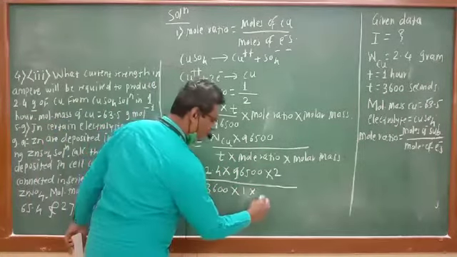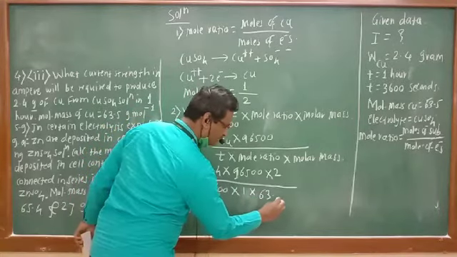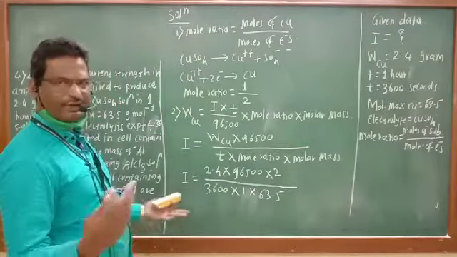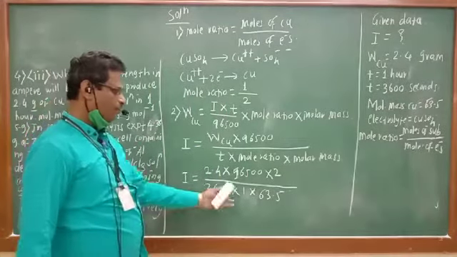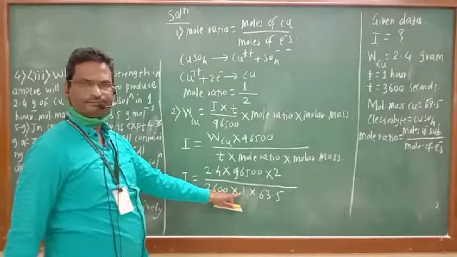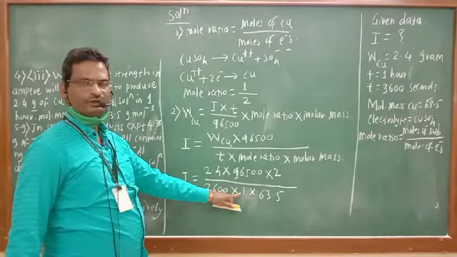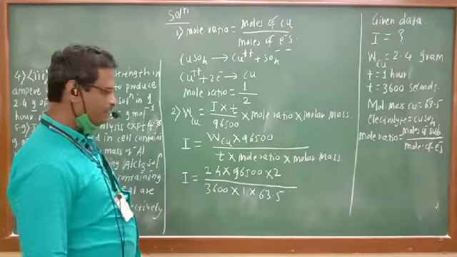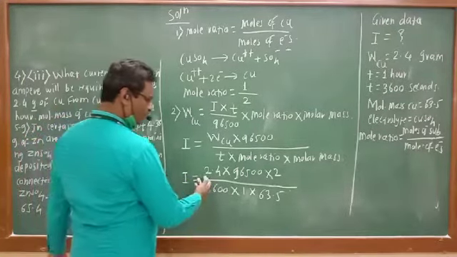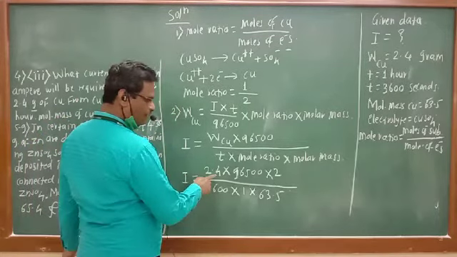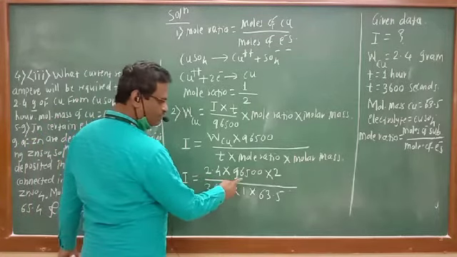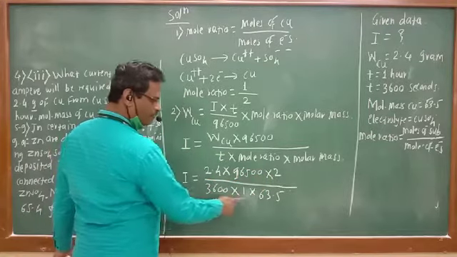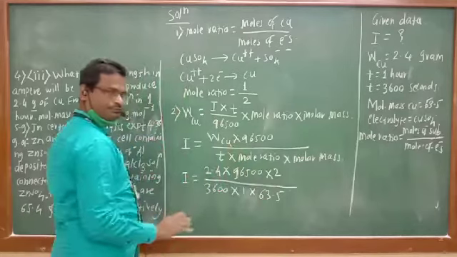That is the mole ratio multiplied by molar mass 63.5. And now simply we can solve this. We may or may not write the 1, not necessary to write the 1. So what is the final figure? 2.4 into 96,500 into 2 divided by 3600 into 63.5.